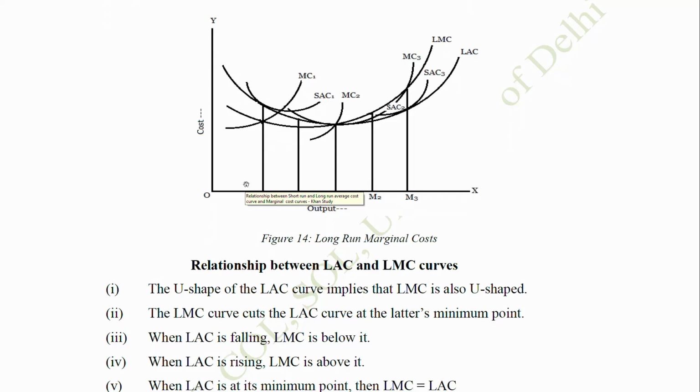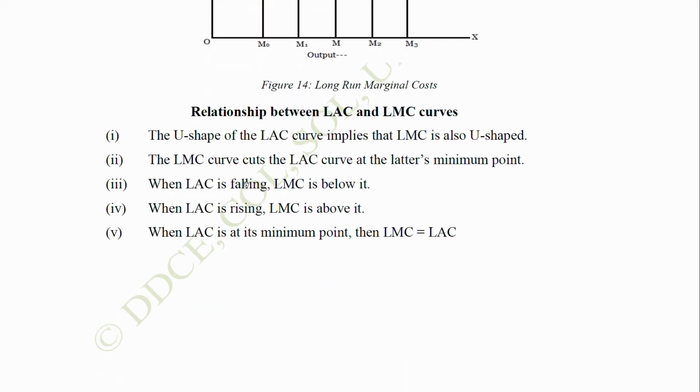Now, what is the relationship between long run average cost and long run marginal cost curves? First, the U shape of the long run average cost curve implies that long run marginal cost is also U shaped. Second, the long run marginal cost curve cuts the long run average cost curve at the latter's minimum point.